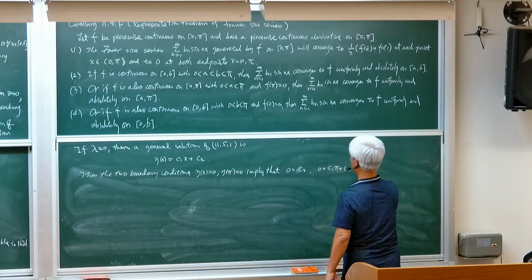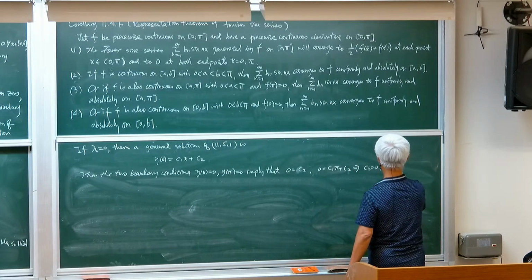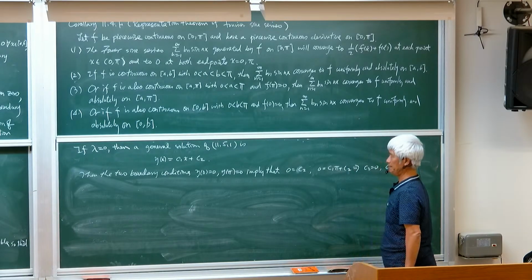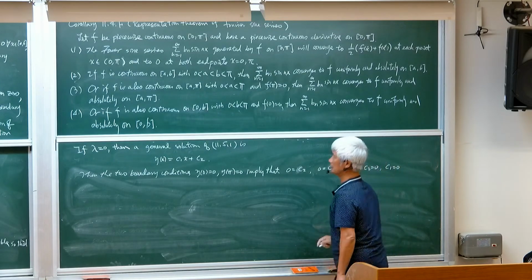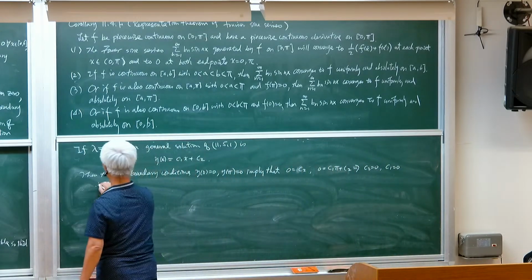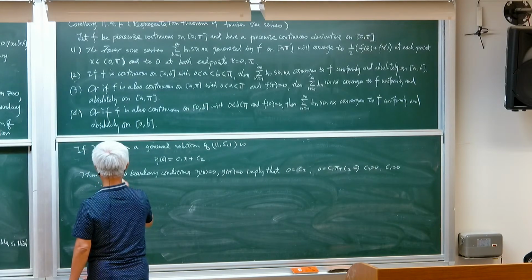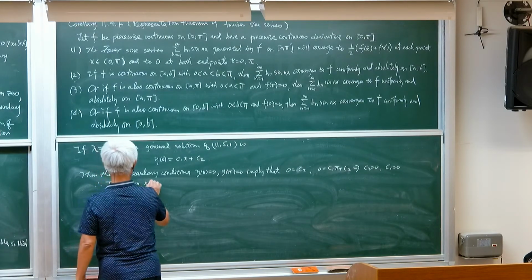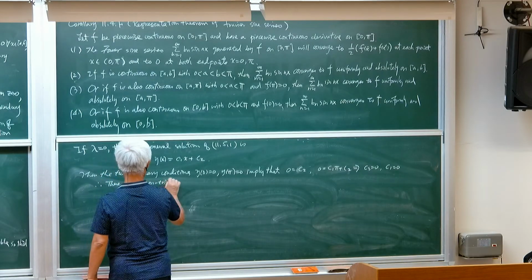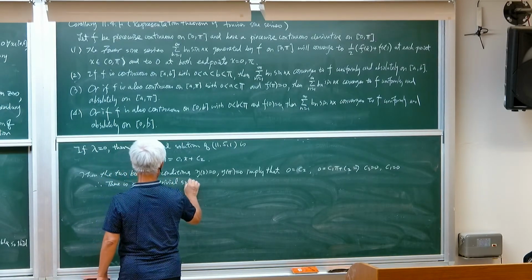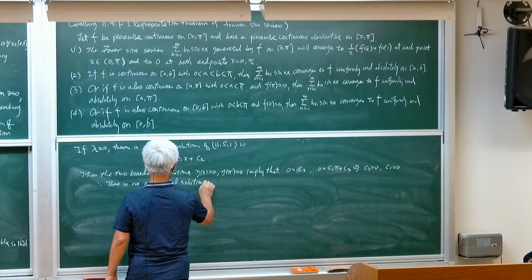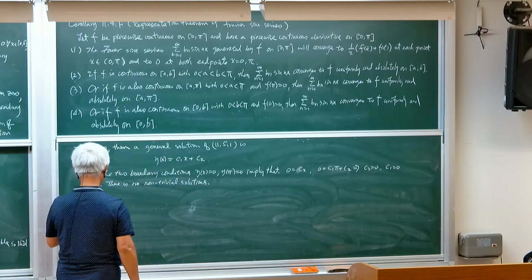So this implies that c2 is 0 and c1 is 0. So there is no non-trivial solution for lambda equal to 0.